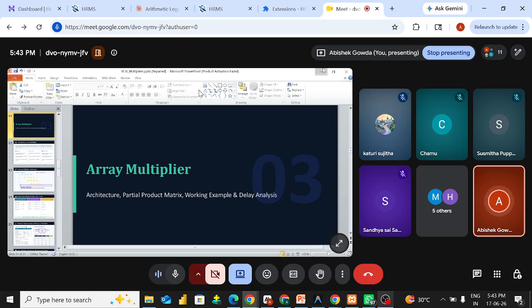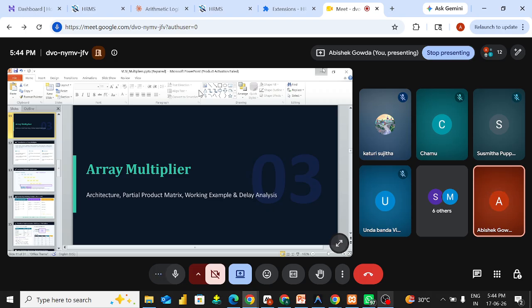Okay, like when we were children, we solved multiplication on paper, right? Do you guys remember that? So the way that we multiply numbers manually on paper, based on that same method, array multipliers are designed.